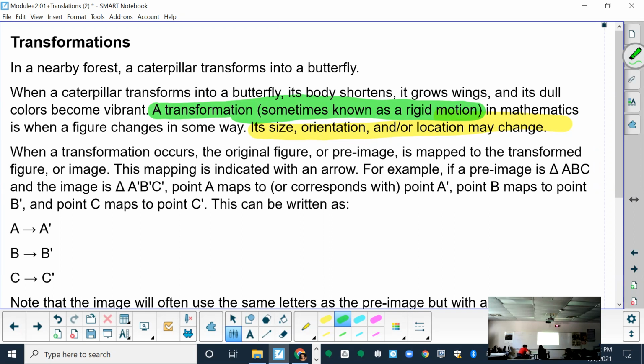And to indicate that, we map it out on the figure. So mapping is indicated with an arrow. So if our pre-image is the triangle ABC, then the transformed image is going to be what's called A prime, B prime, and C prime.